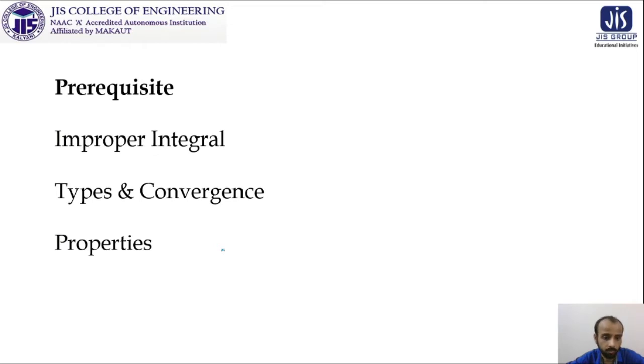Along with this, the last class, that means the introduction of beta function and gamma function, is also a very important prerequisite, because in that class we have discussed the problems as well as some properties and their proofs, and also the tricks that we have to adopt for the next problems in this class.